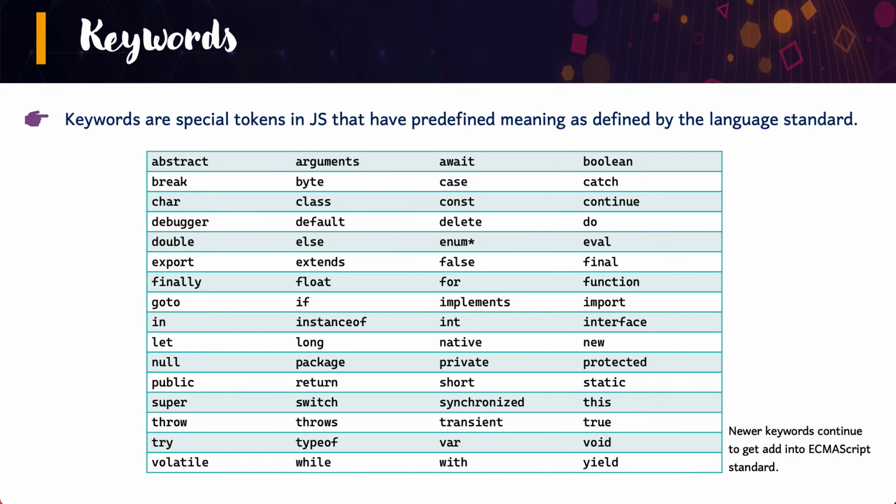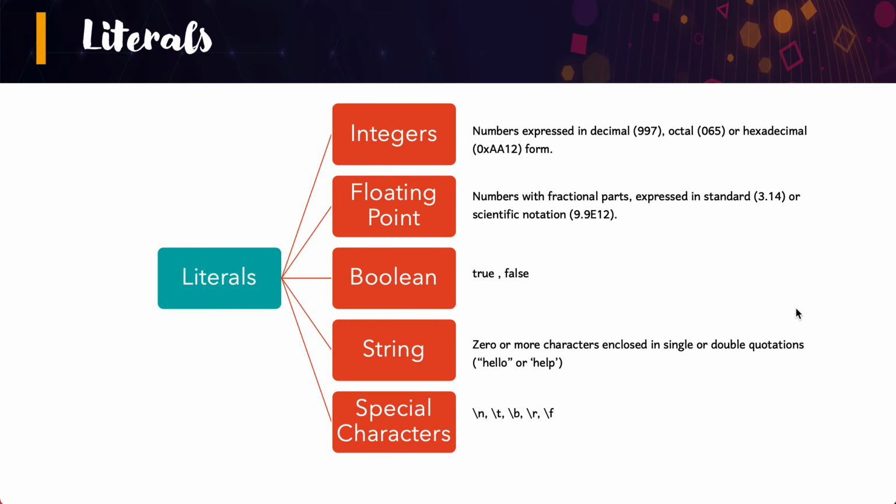Keywords are just special tokens that have predefined meaning. Now literals. Literals are those that, if the computer is parsing code and it cannot find that a particular variable is a particular token, whether it is an identifier, an operator, or a keyword, then it tries to think that it is just a literal.